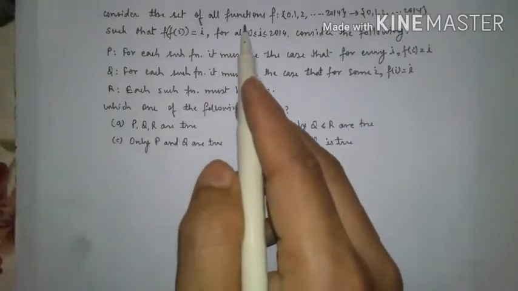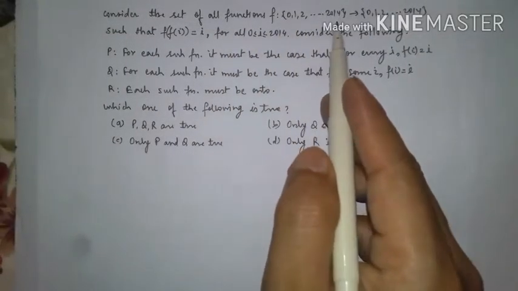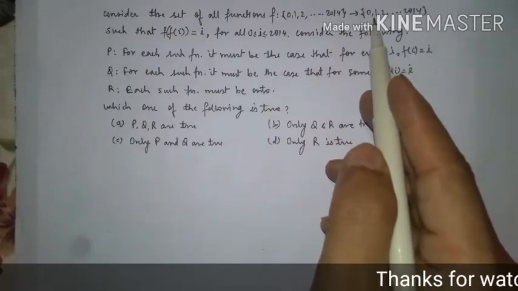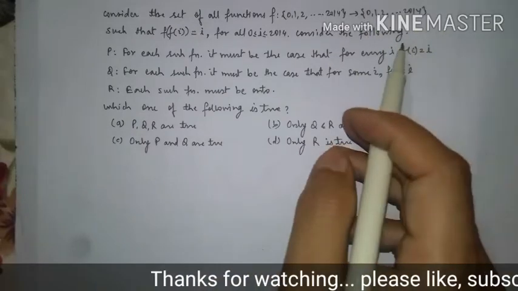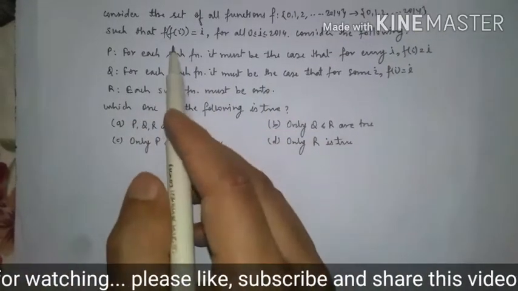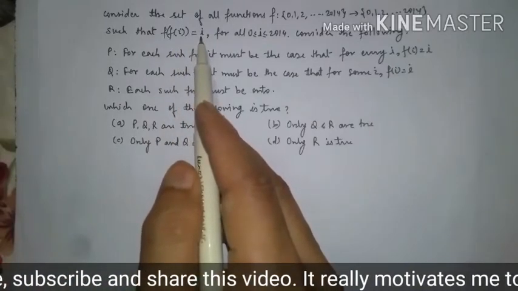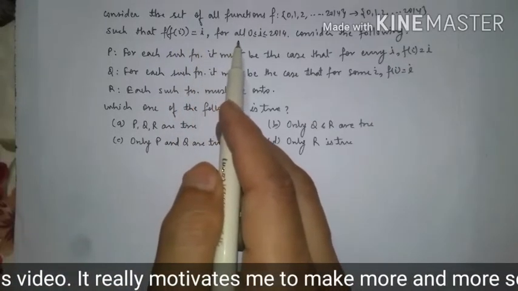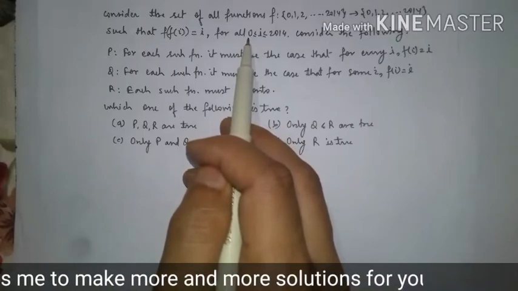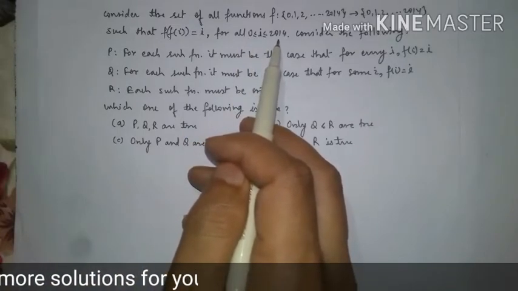Consider the set of all functions from 0 to 2014 to the set 0 to 2014 such that f of I is equal to I for every element I between 0 and 2014.